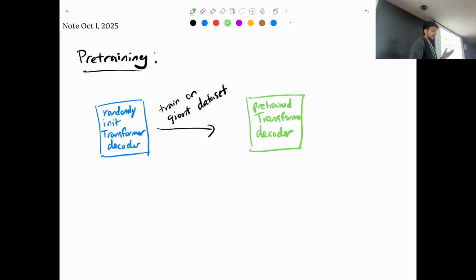And at the end, we have this model like we saw at the end of last class with the Llama 405 billion parameter base model that can generate fluent and coherent text, but it's not really good at following our instructions just yet. So the next stage is post-training.